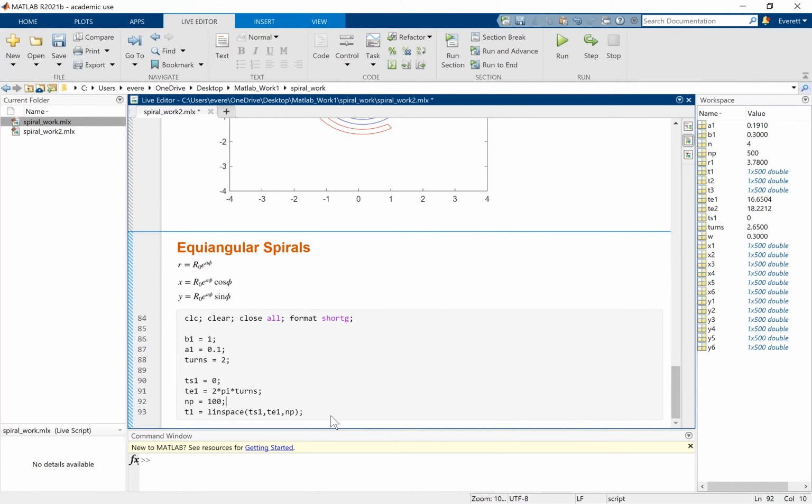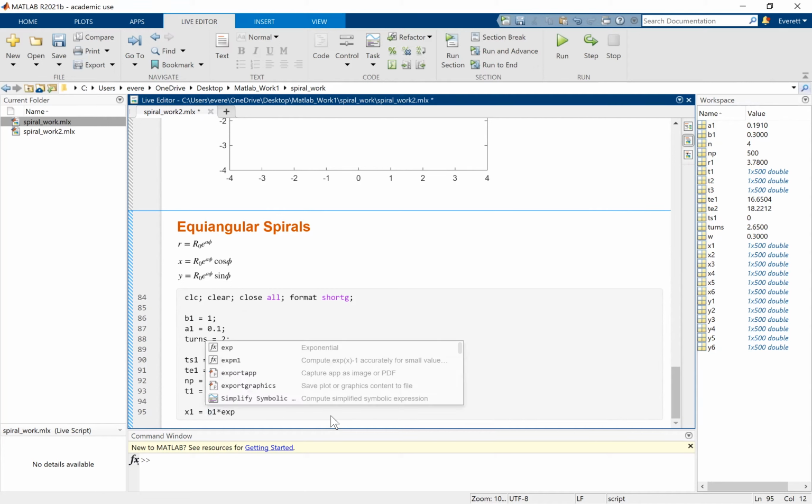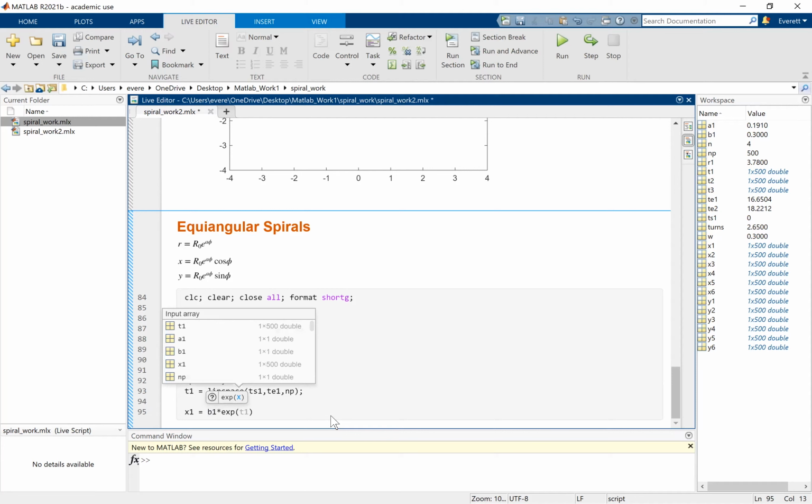All right, now that we have that, let's make our parametric equations. We'll have x1 equals b1 times the exponent e to the a1 times t1, with element-by-element matrix multiplication, times cosine of t1.